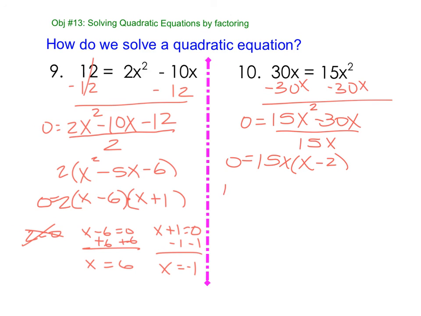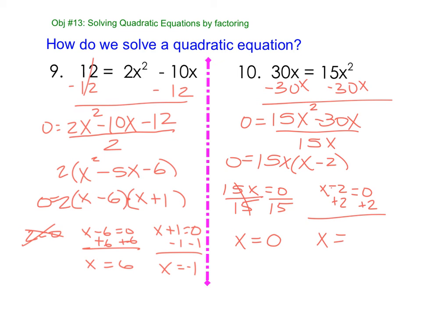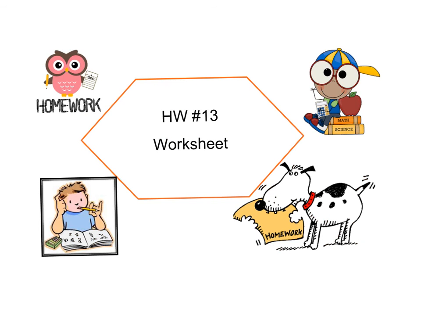Set each factor equal to 0. So here we divide, right? 15x means 15 times x, so we divide. 0 divided by 15 is 0. And then over here we add 2 to both sides. And we are done. So that is solving equations with factoring, quadratics.